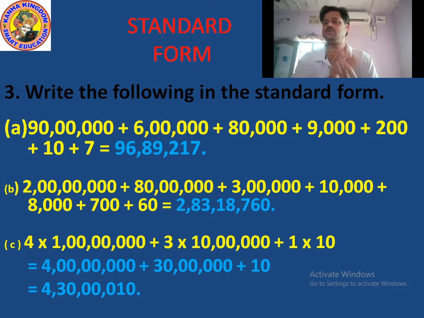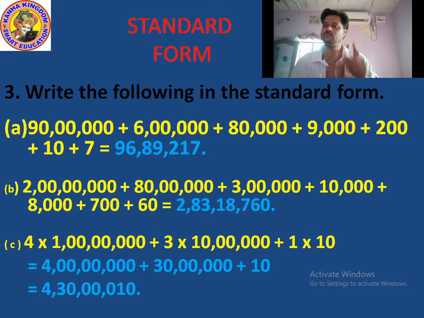So the first number of this question is 90 comma 00 comma 000. How many commas? 2 commas. 2 commas means 3 periods, and the third period is lakhs period. So you know that this is a lakhs number, but how many lakhs?